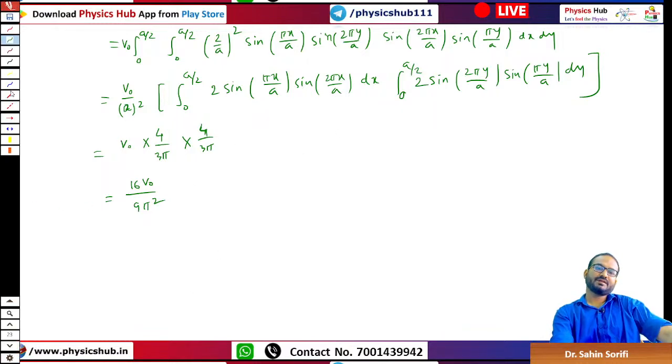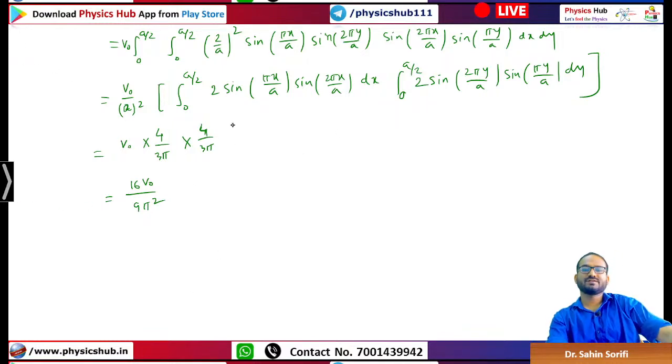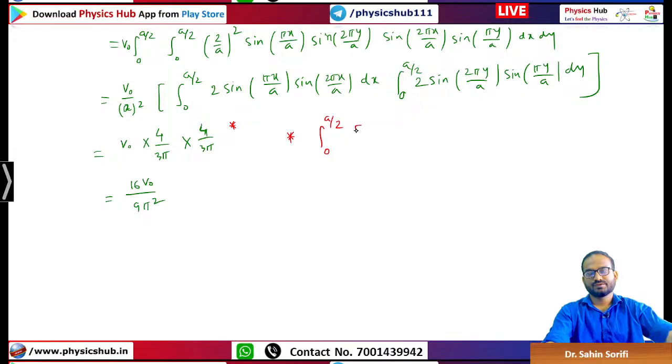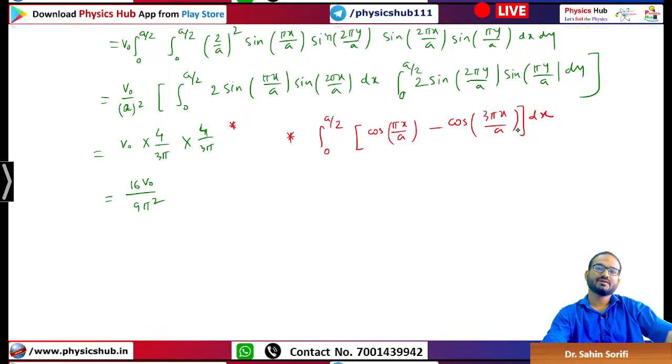Now let me just show you the calculation of how this is coming. Let's say I am showing you one example, integral 0 to a by 2 of cos pi x by a minus cos 3 pi x by a dx, whereas 2 sin a sin b is equal to cos of a minus b minus cos of a plus b, right?